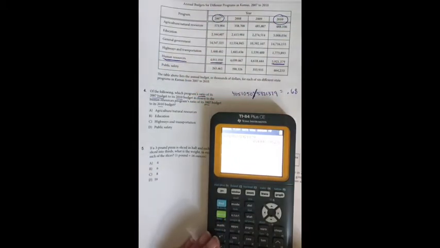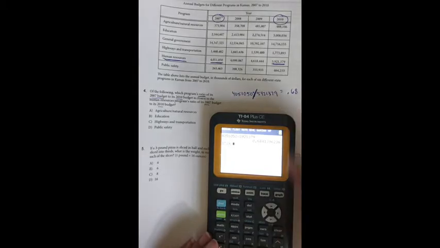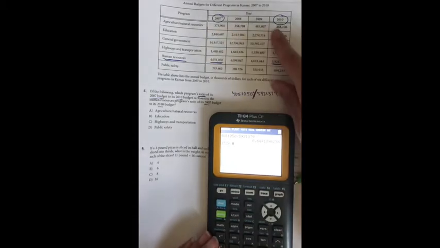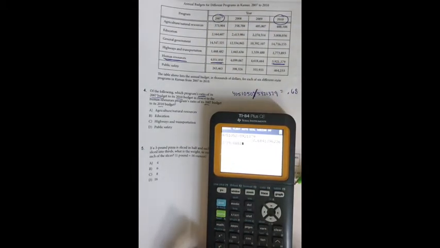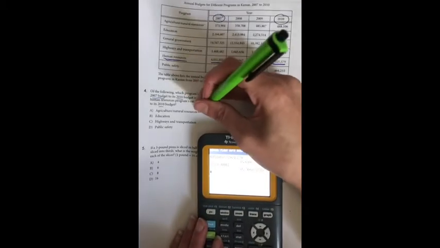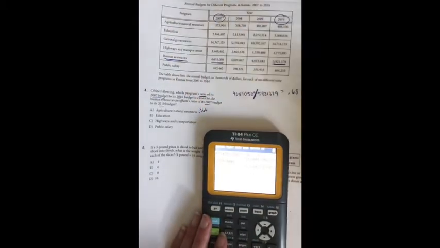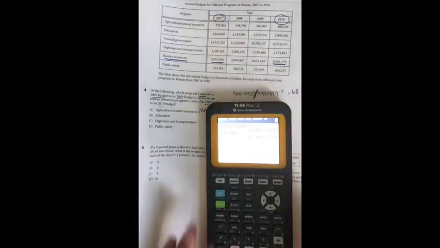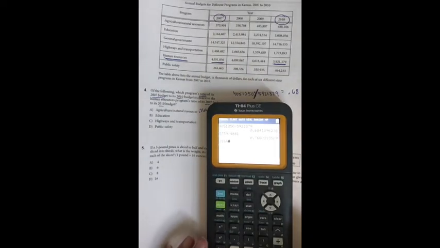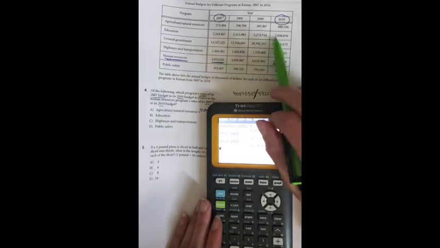So this is 3739 divided by the first 4 numbers of this one, 4881. So this ratio is about 0.766. Education, 2164 divided by 3008. Okay, because they're the same place value. These are like 2 million over 3 million.